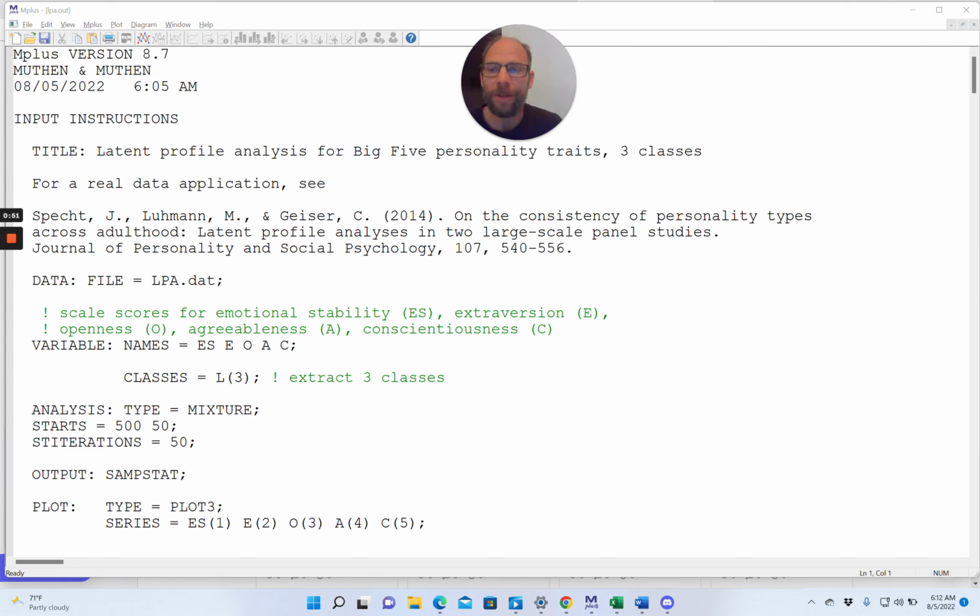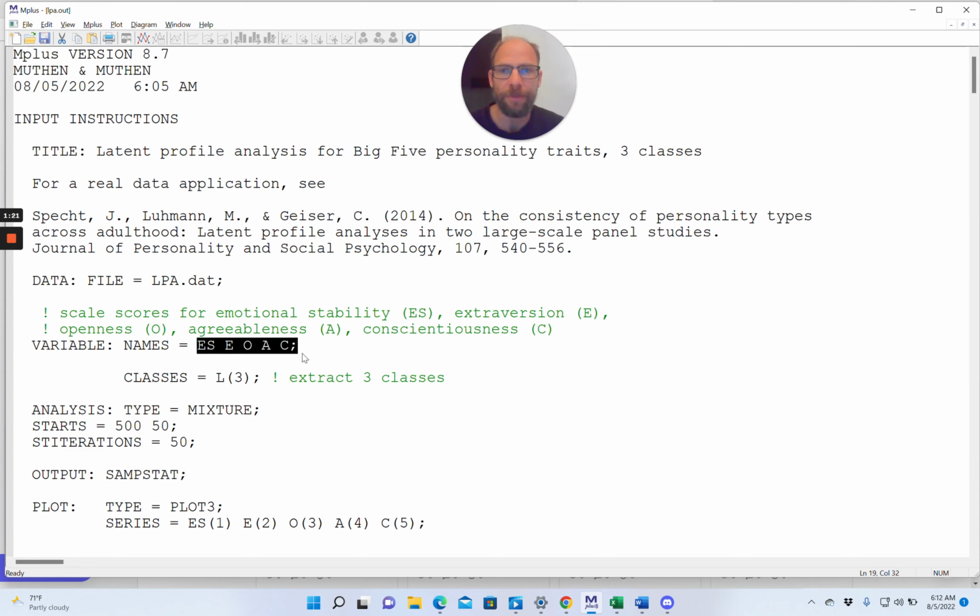I want to go over the most important sections of this output file here. And so you can see from the first portion of the output that the input instructions, the syntax instructions here are reproduced by Mplus. This is a latent profile analysis with 5 variables, and specifically we analyzed here the big 5 personality scale scores.